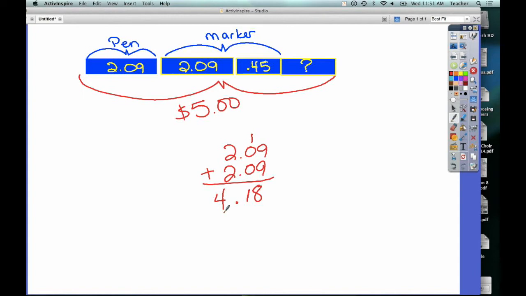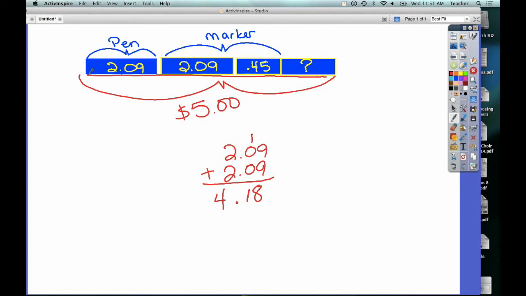We're up to $4.18. Making me think I'm doing something wrong. Because all of these boxes have to add up to how much money? $5, because that's how much total he gave them, right?